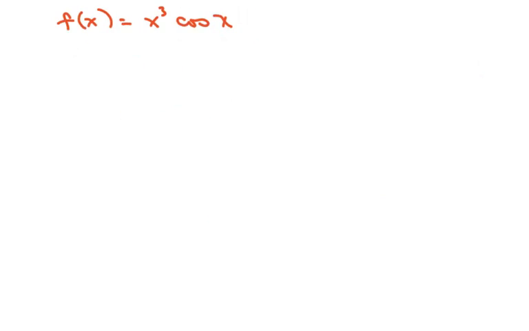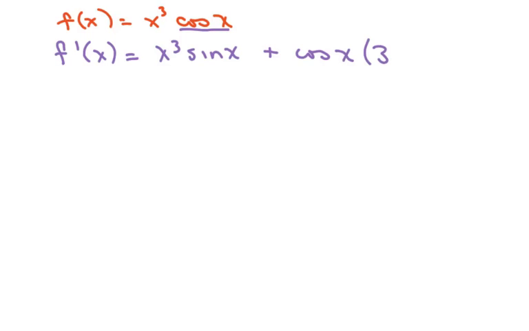All right, and the last two involve cosine and sine. So we can take the derivative of f. I write down x cubed. Derivative of cosine is sine. And then you say plus, write down the second function, and take the derivative of the first function, which is 3x squared.